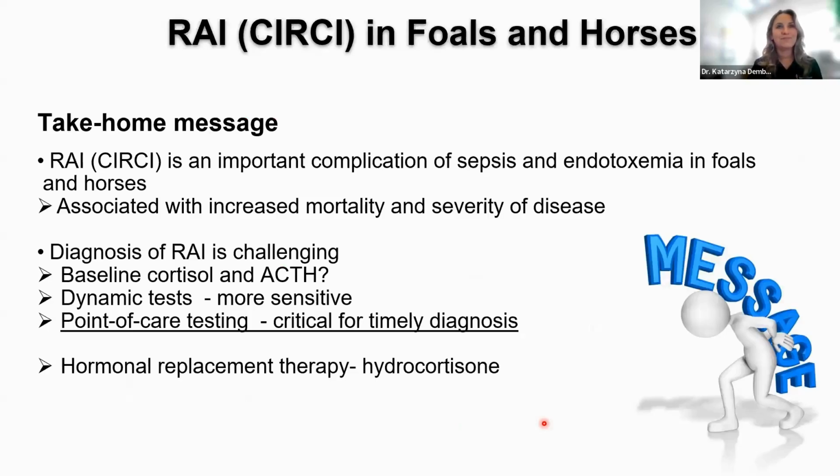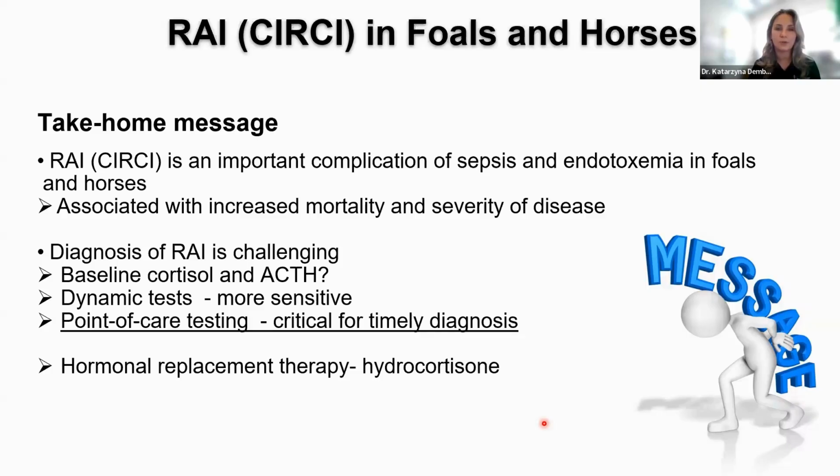All right, so just to summarize, the take-home message from this lecture is that CIRCI, or relative adrenal insufficiency, is an important complication of sepsis, as well as endotoxemia in foals and horses. It is associated with increased mortality and severity of disease, and may be important to diagnose, right?